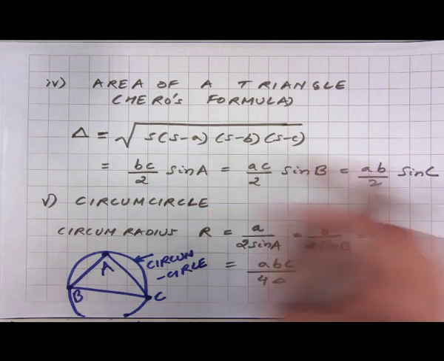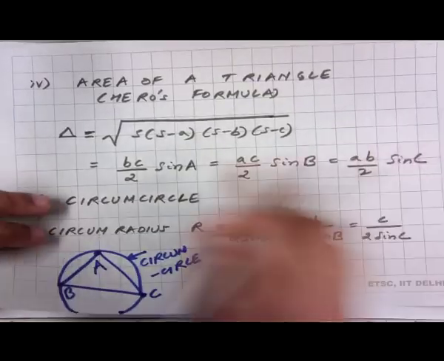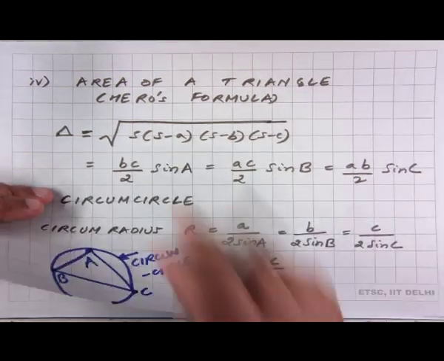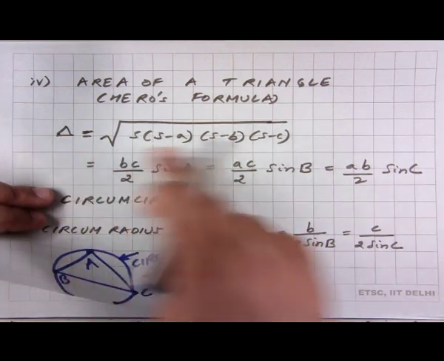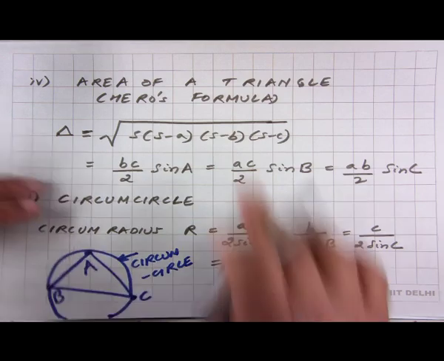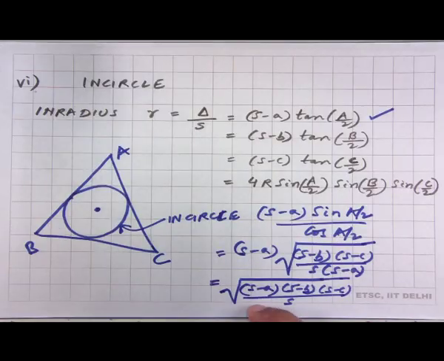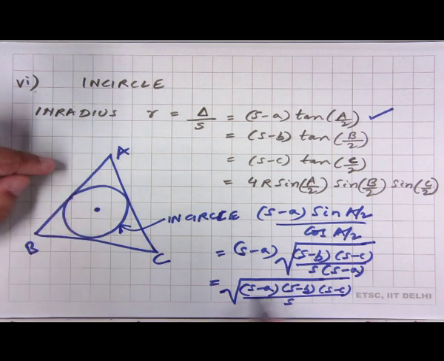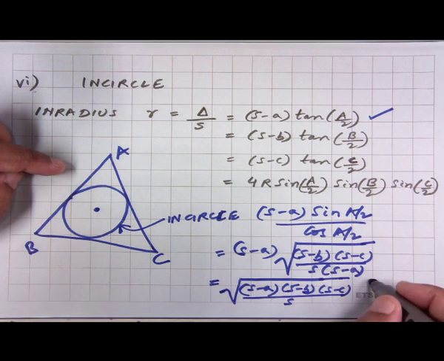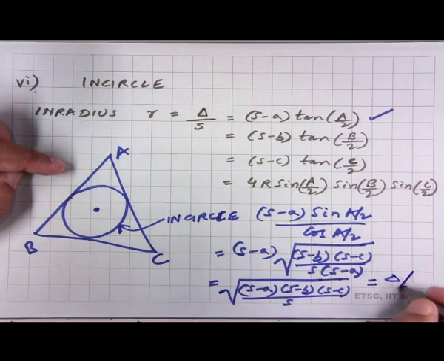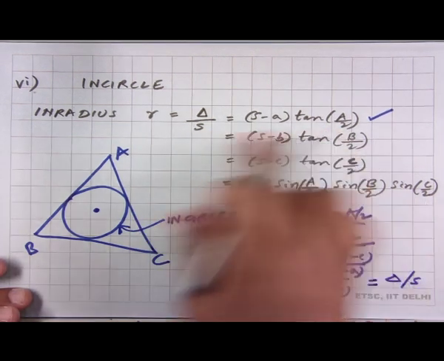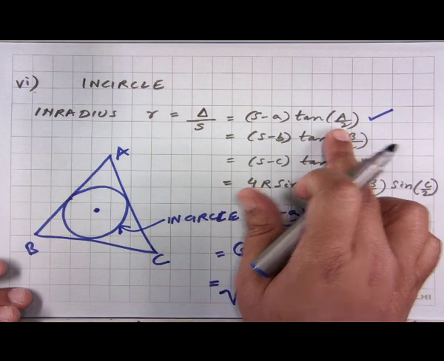So by using this formula in the expression here, we can show that this is equal to delta over s, and that proves the first statement.